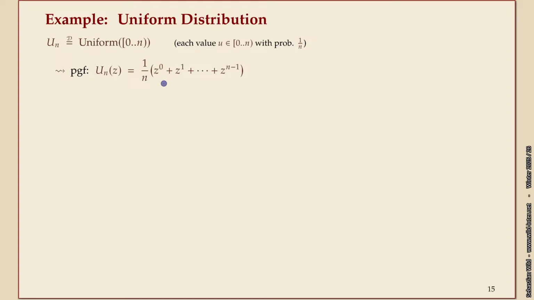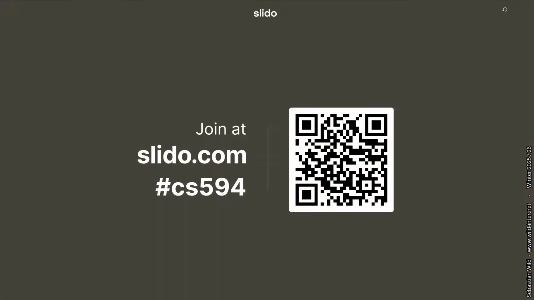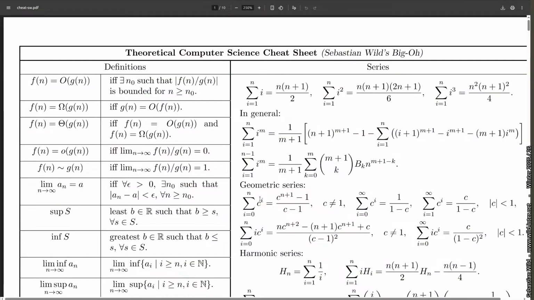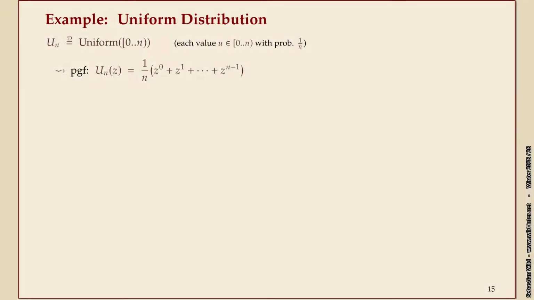Now, that's just by definition. The power of this comes in because I can do algebraic reformulations of this term. In particular, just in case people might have forgotten about this, there's the TCS cheat sheet. And there's a formula for summing up powers from 0 to n. So that's exactly the form we need. And if you do that here, take the first n powers.